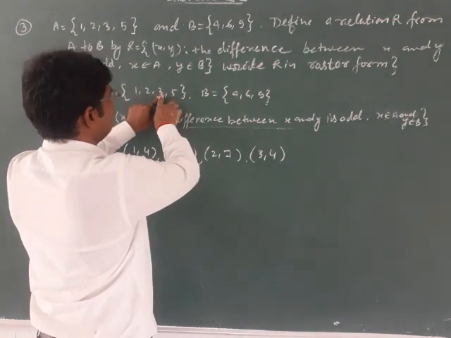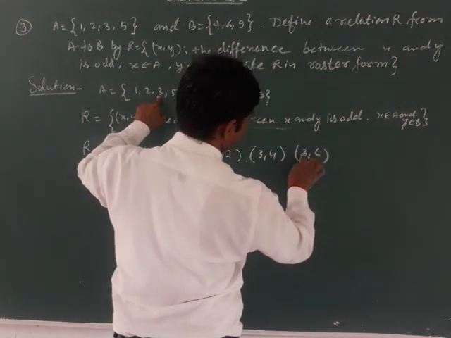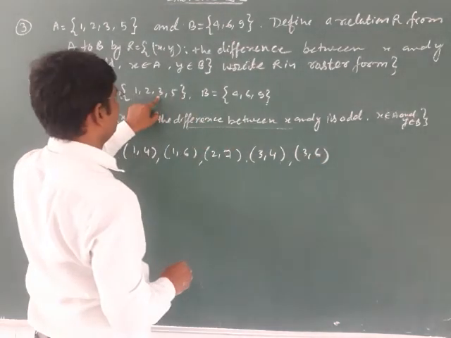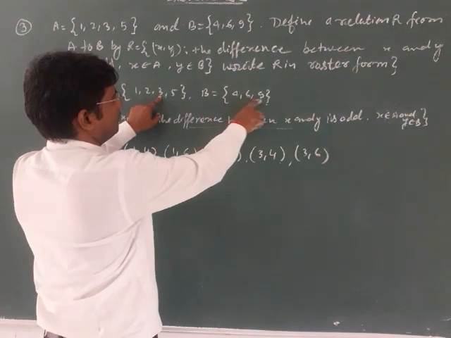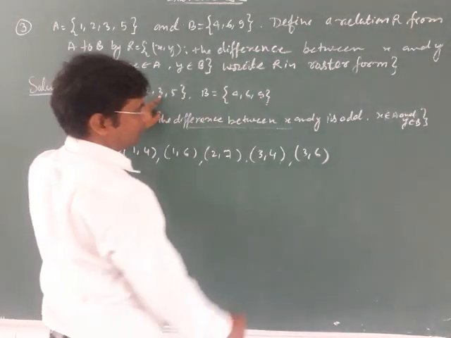And (3, 6): 6 minus 3 is 3, odd. 9 minus 3 is 6, not possible.